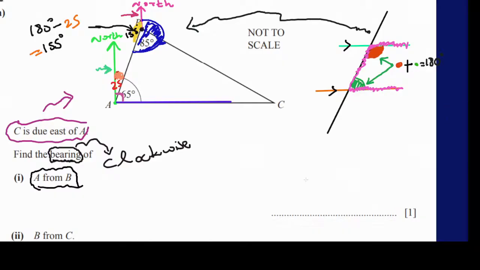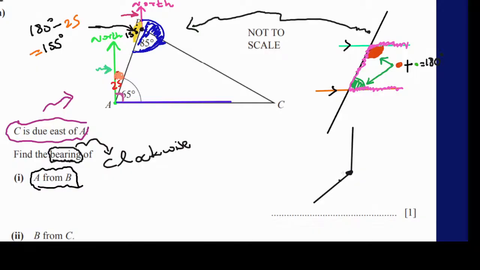The other fact that we have to know is when it comes to angles around a point. For example, here there's a black point, and let's say there are two angles.